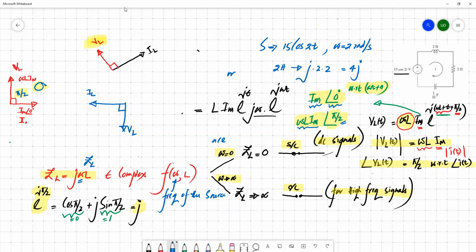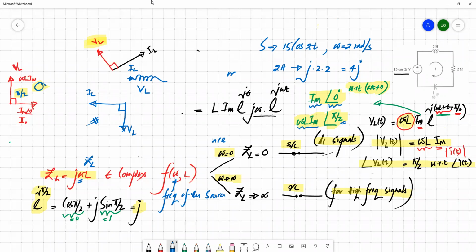So across the inductor, this is the phasor relationship between voltage and current. Your voltage is always leading the current by 90 degrees. Based on that, if you know the direction and the magnitude of the current phasor, you can easily draw the corresponding induced voltage across the inductor using this simple concept.